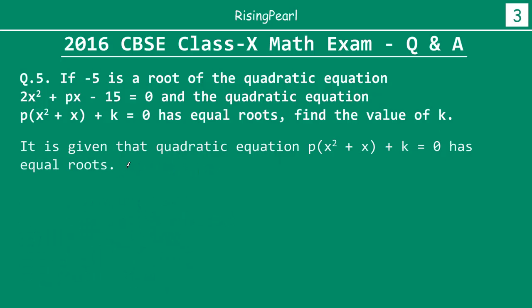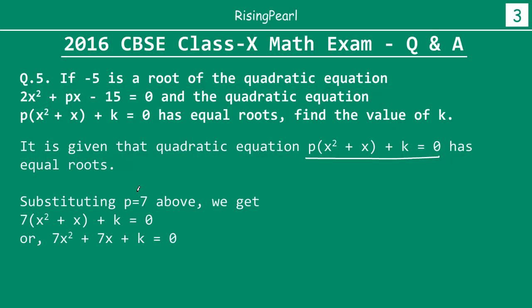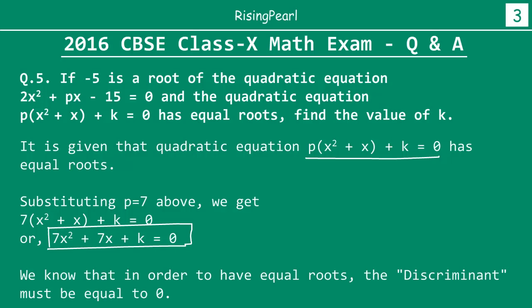Now, it is given that the second quadratic equation has equal roots. So substituting p equals 7 above, we are rewriting our second quadratic equation in this fashion. Now, we know that in order to have equal roots, the discriminant must be equal to 0.